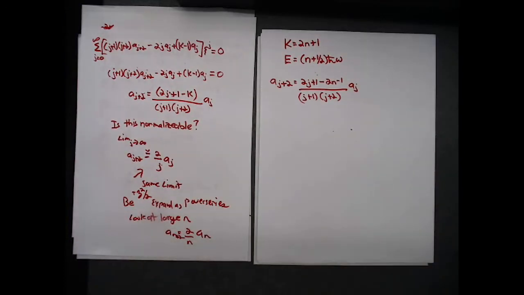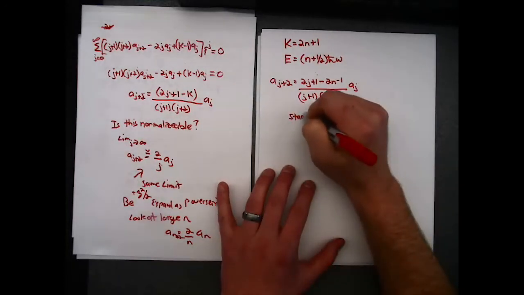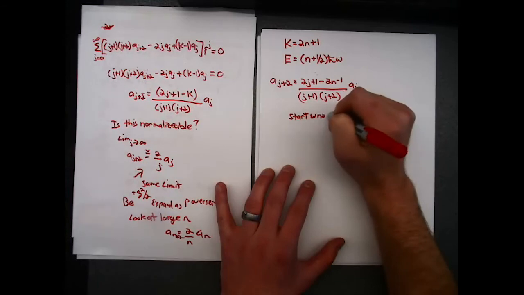Okay, so let's look at how we can actually get some of these polynomials out, and let's see if they match the same solutions that we showed in class. Okay, so let's start with n equal 0.